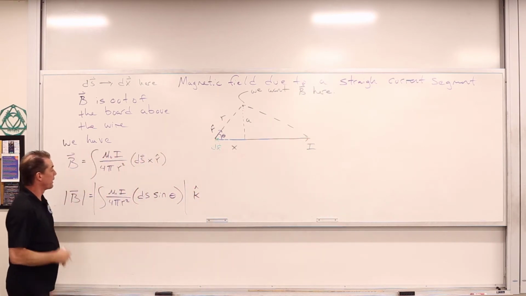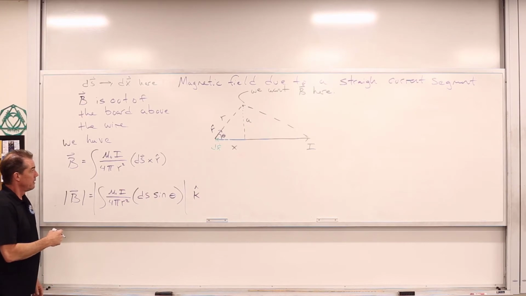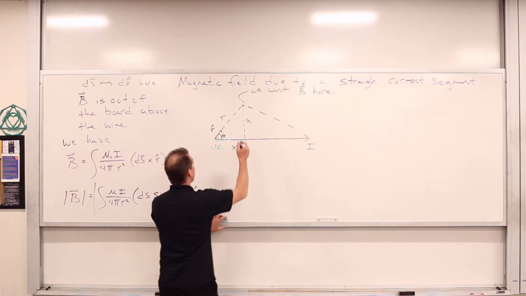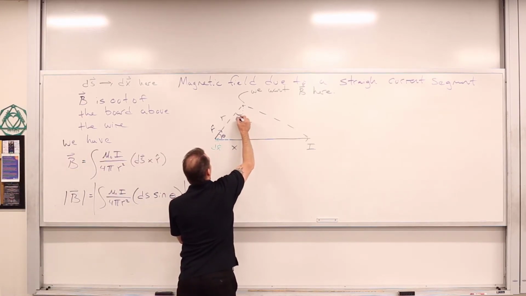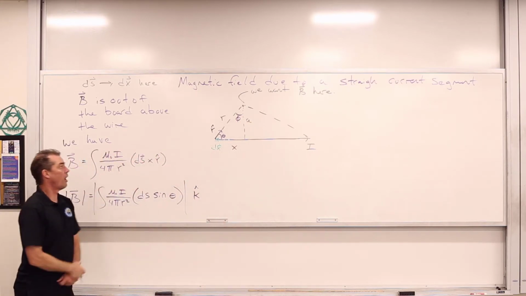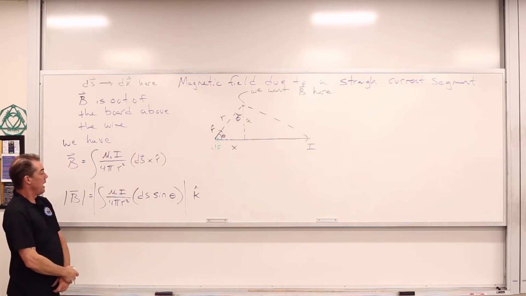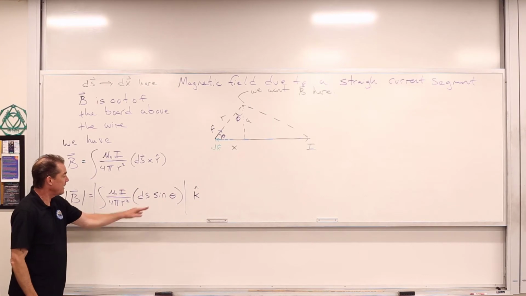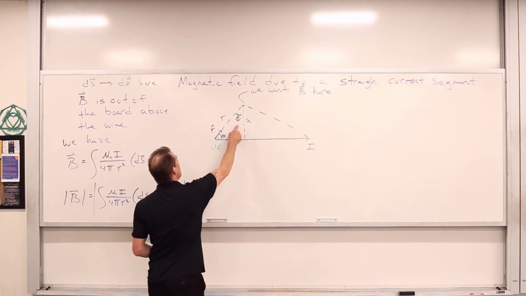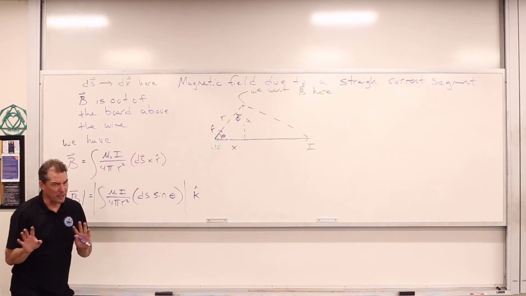That's great, but there's some other things that we could do with this. We could also go ahead and define this angle right there and call that some angle phi. And note that the sine of theta is equivalent to the cosine of phi. There's a reason that we're going to do that.